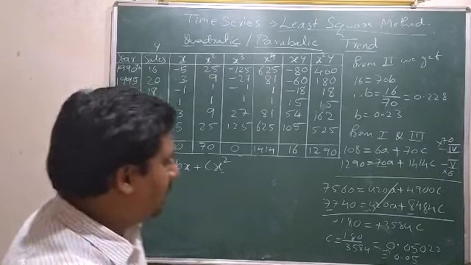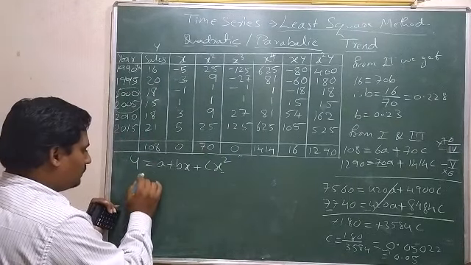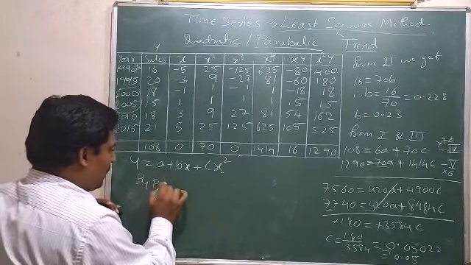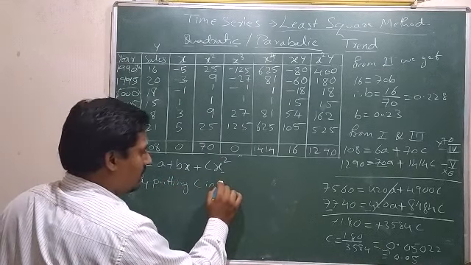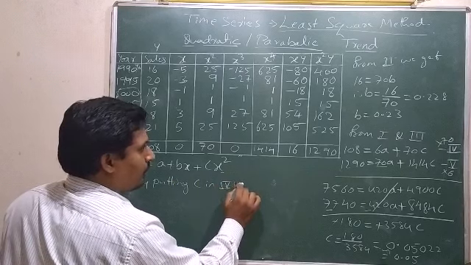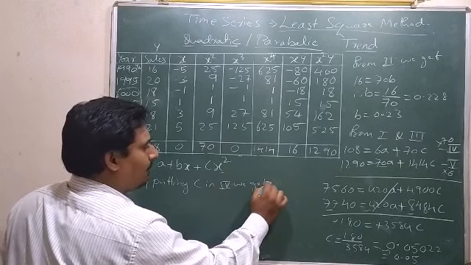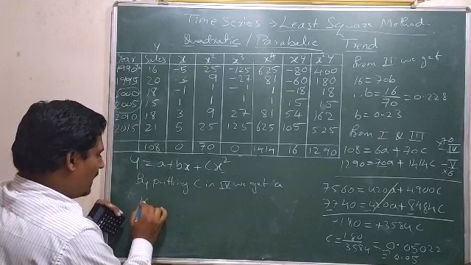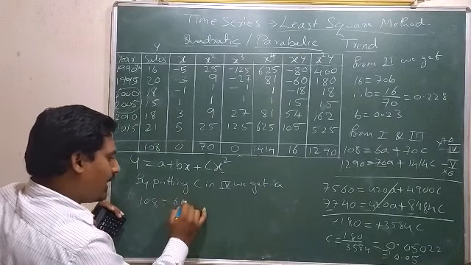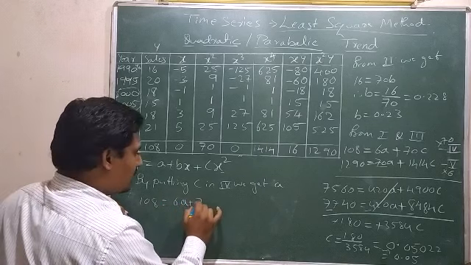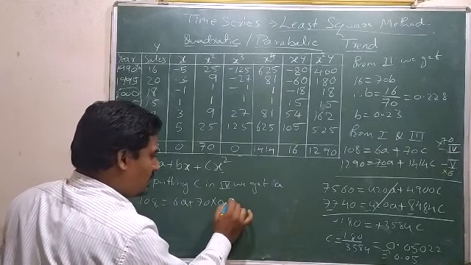So by putting C in equation 4, we get A. So 108 is equal to 6A plus 70 into 0.05.